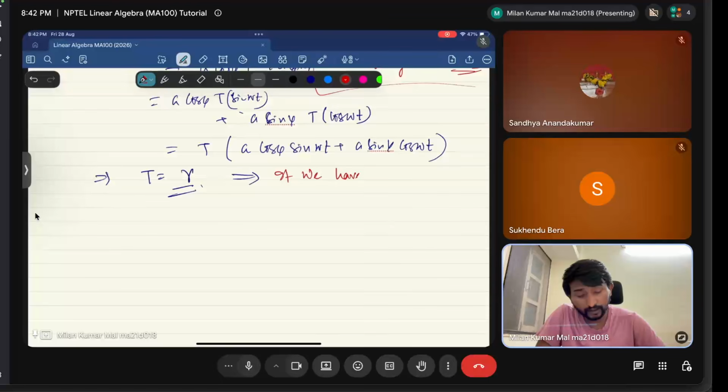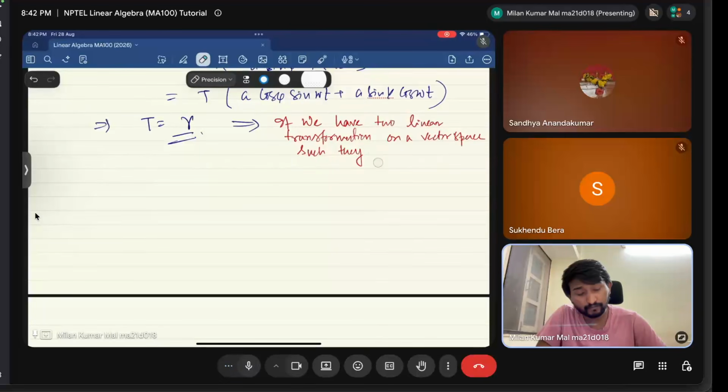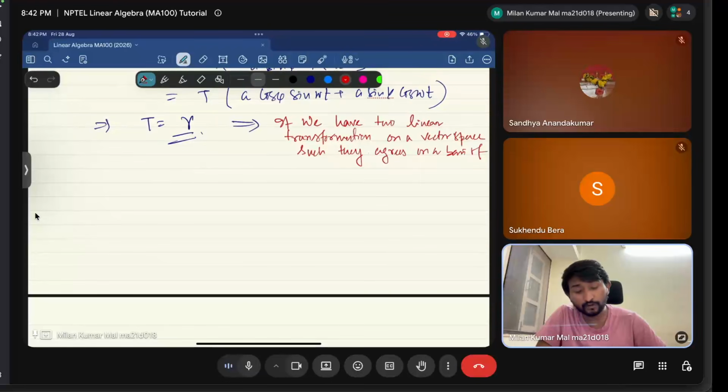If we have two linear transformations on a vector space such that they agree on a common basis of V, then these two linear maps must be the same.